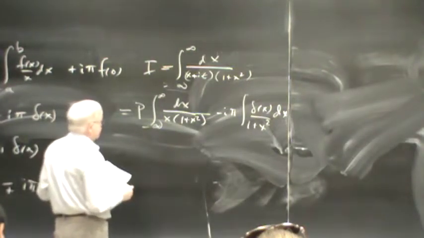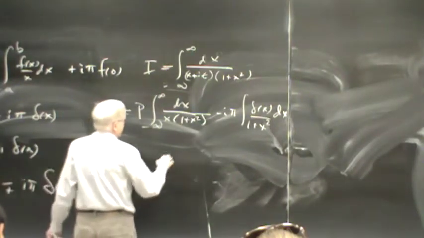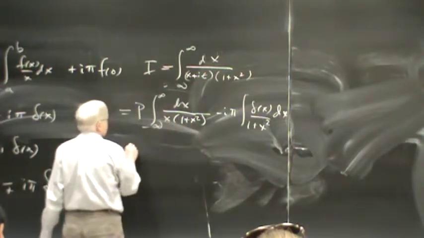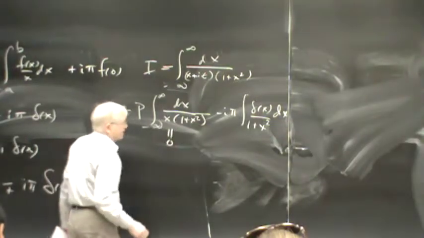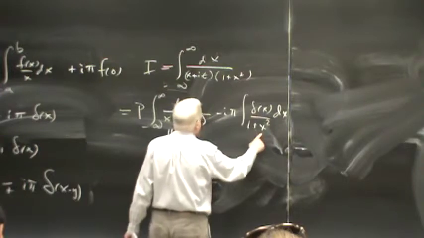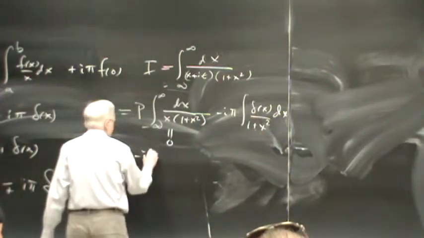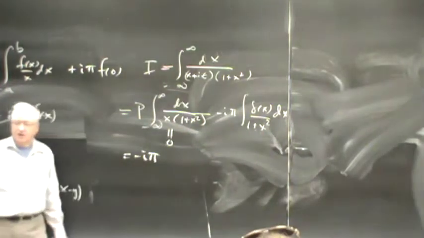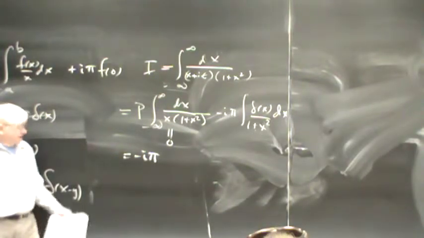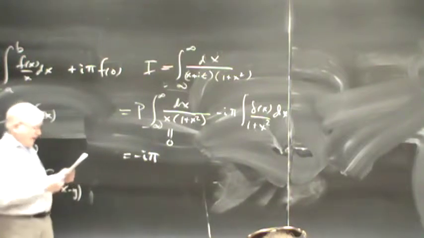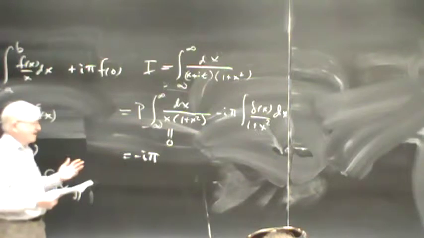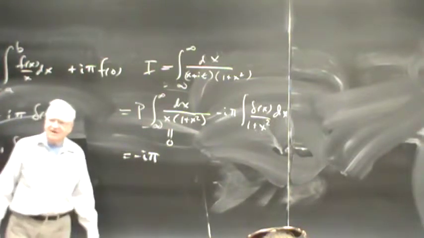Now this first one, this function is odd, and so this principal part is just going to be 0. On the other hand, this one is going to give x equals 0, and so the answer is minus i pi. If I take x to minus x, I get a minus sign. Right, it's odd, and that's why it's 0.